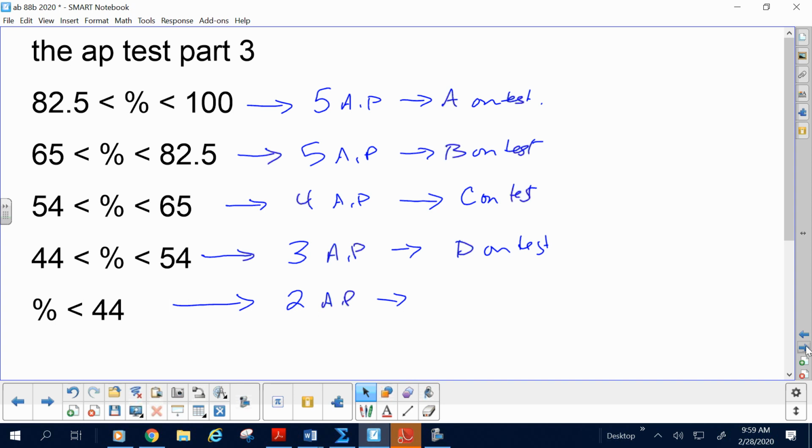If you are between 54% and 65% for this part, you are on pace for a 4 on the AP test, and I gave you a C for the actual score in the grade book. 44% to 54%, you're on pace for a 3 on the AP test on this part. I gave you a D on the test. If your percent is below 44%, you need to get on your game a little bit and be more active in getting help.